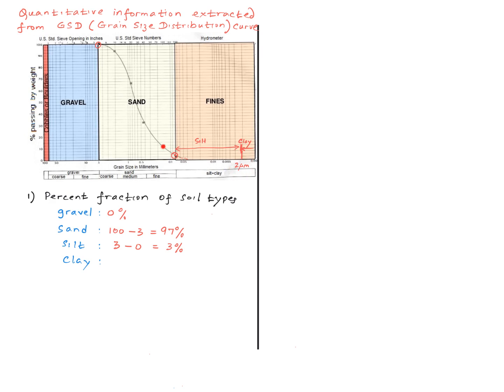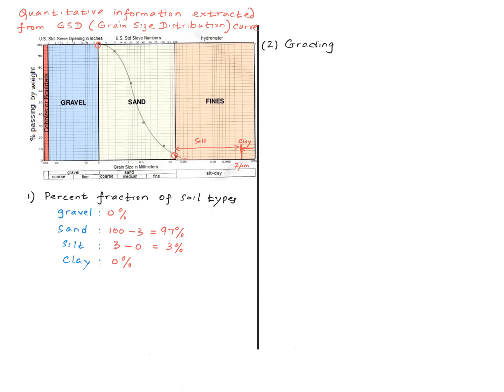And if I extend this curve smoothly, it's going to cut the horizontal axis over here someplace. And therefore, the silt content is 3 minus 0, which is 3%. And there's no clay in the soil.